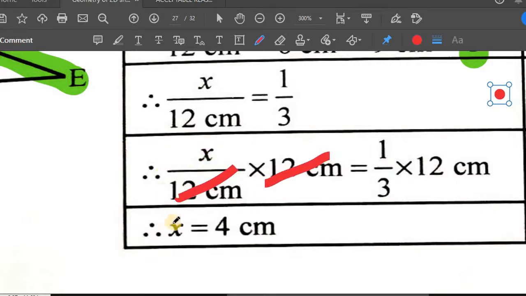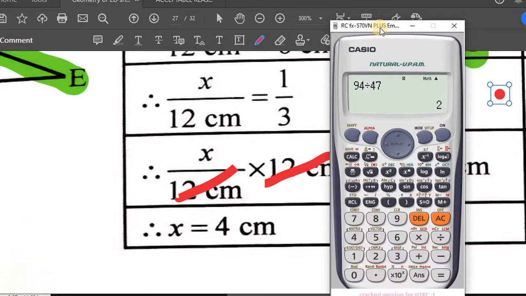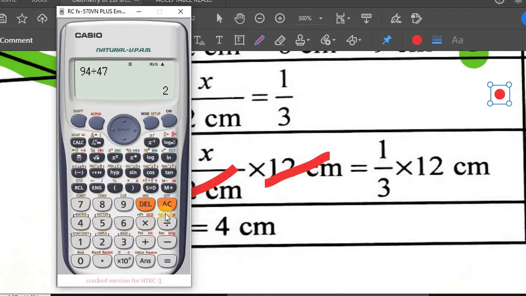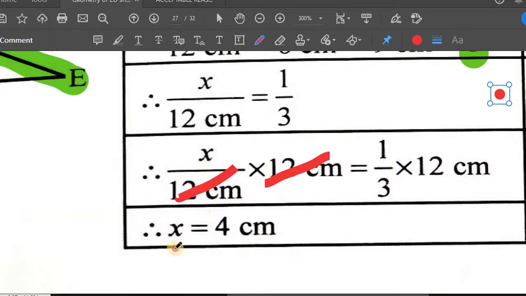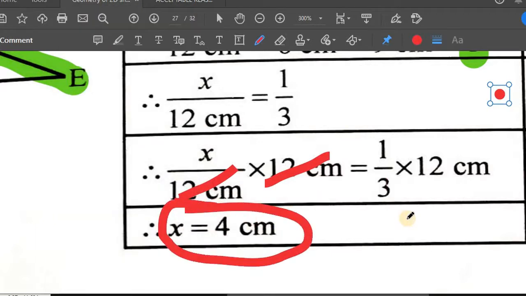I'm left with x. So my x came down. Then 1 over 3 times 12. You don't trust me? Let's go here. 1 over 3 times 12. There we go, 4. Right? So x is equal to 4.